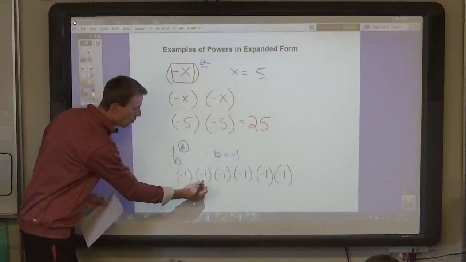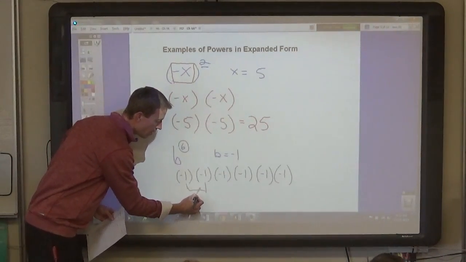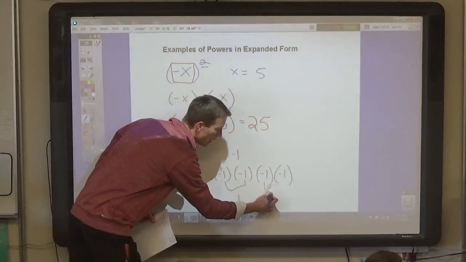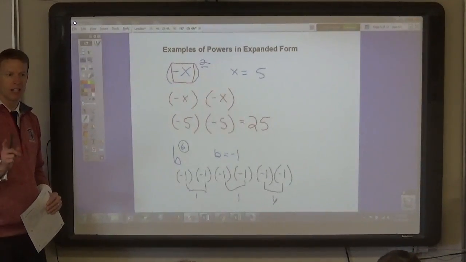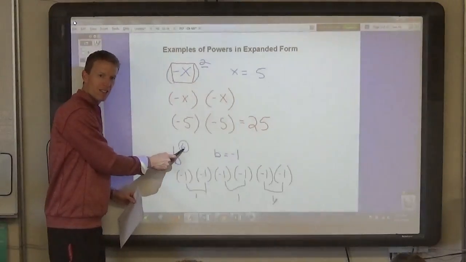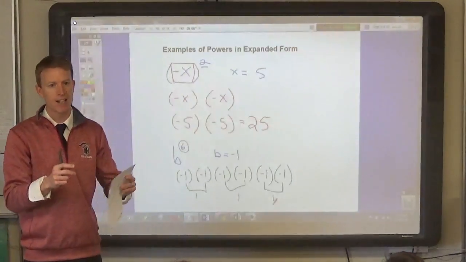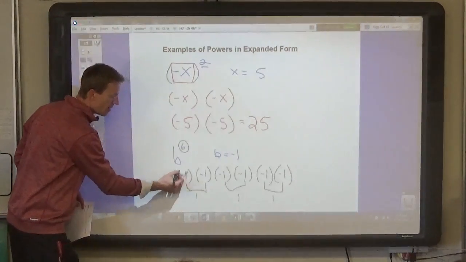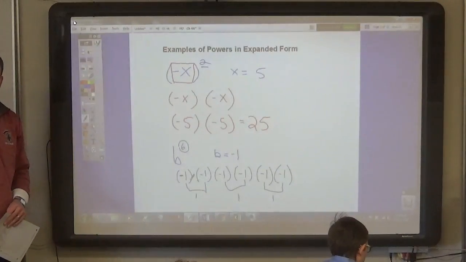And so every time you multiply two negatives, it's going to equal a positive, right? This would be positive 1, this would be positive 1, and this would be positive 1. So that's one thing to keep in mind, that an even number exponent, even if it's negative, is going to give you a positive answer as long as the negative sign is in the parentheses with the exponent.